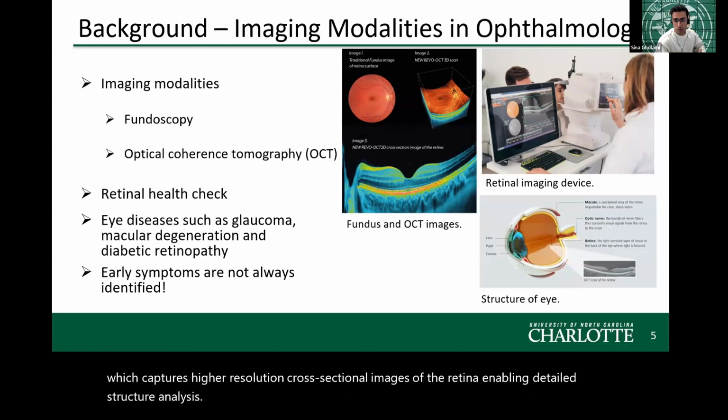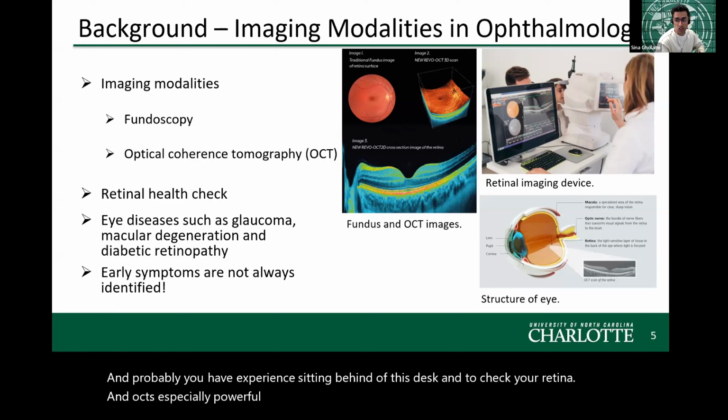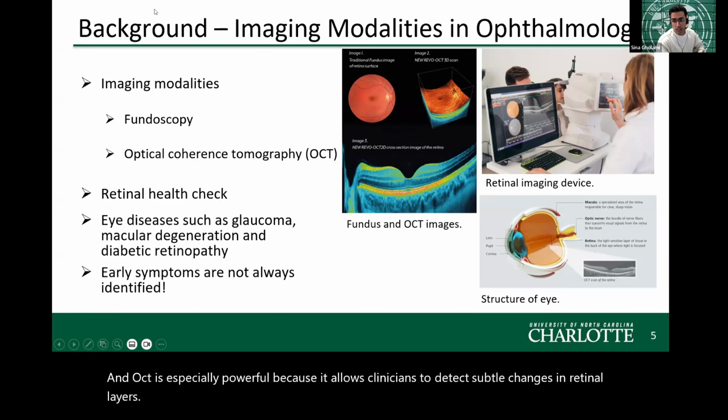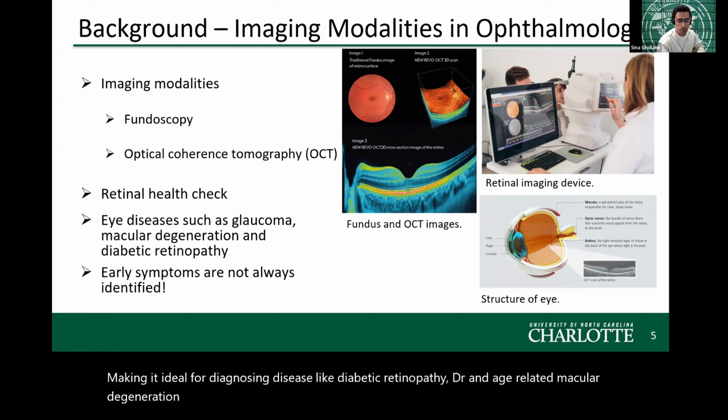And probably you have experienced sitting behind this desk to check your retina. And OCT is especially powerful because it allows clinicians to detect subtle changes in retinal layers, making it ideal for diagnosing diseases like diabetic retinopathy, DR, and age-related macular degeneration, or AMD.